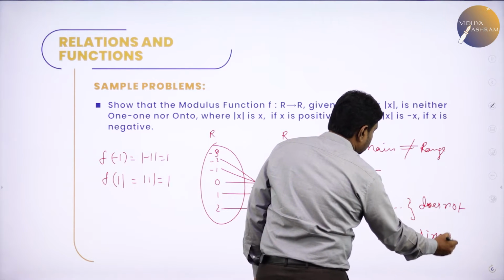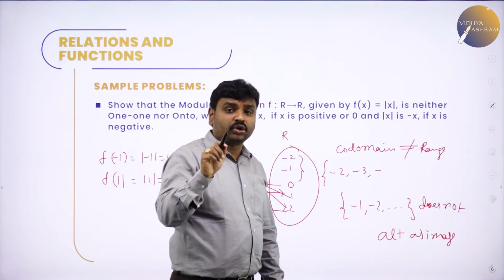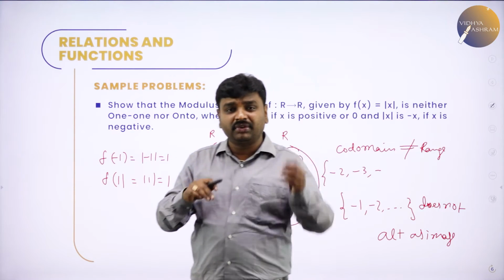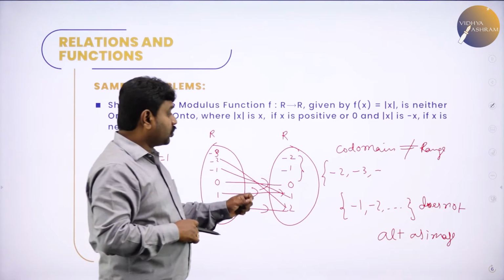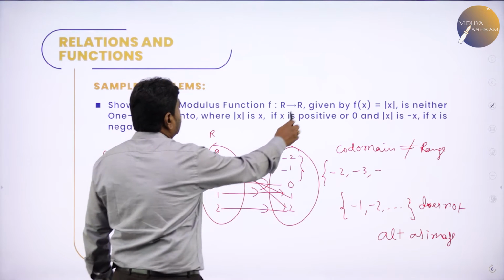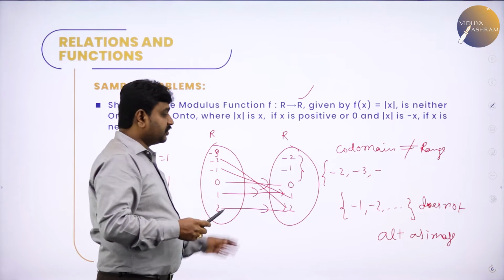So therefore it is not onto. All of you know onto means what? Range and codomain should be the same. Range means the set of images. Here the set of images will be only positive numbers with 0. But the codomain contains negative numbers also, because the codomain is the real numbers. So therefore this is not onto.